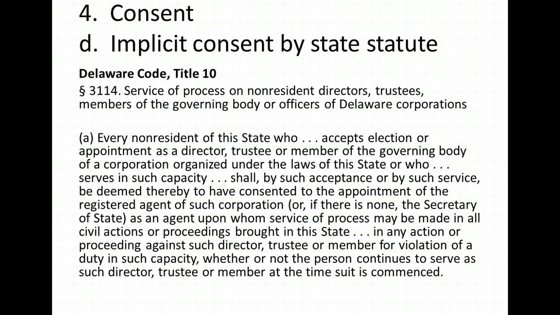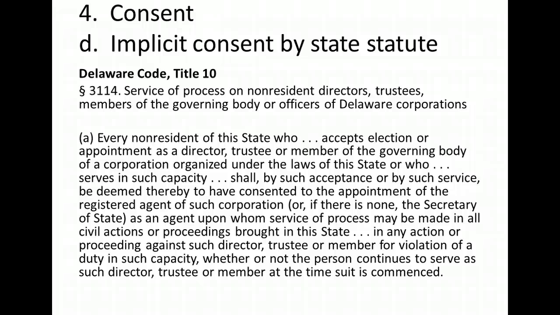The final method that's mentioned in your book of consenting to personal jurisdiction is this idea of implicit consent that is deemed by some kind of state statute to have been obtained from the defendant.